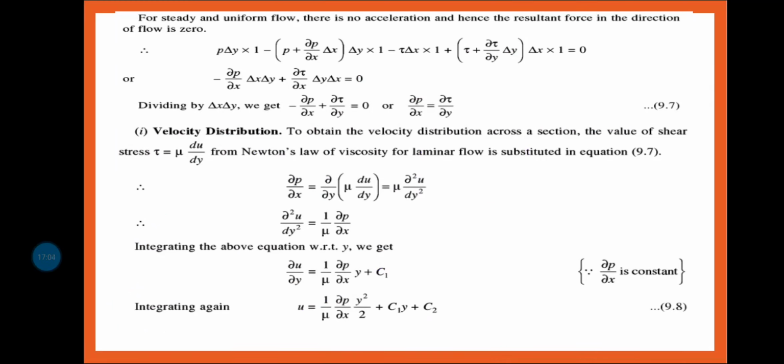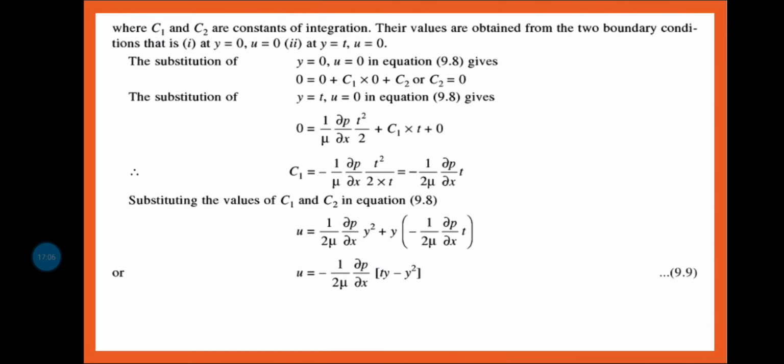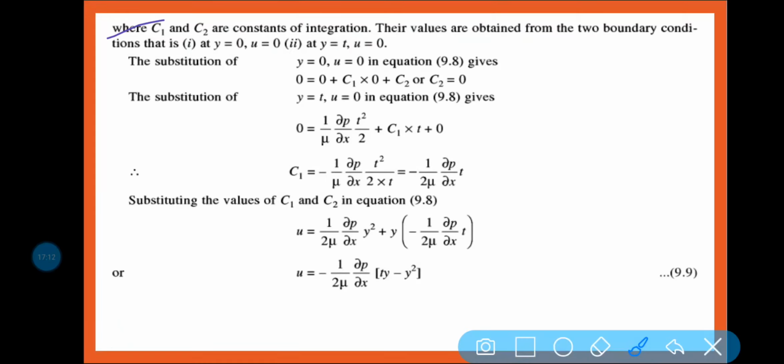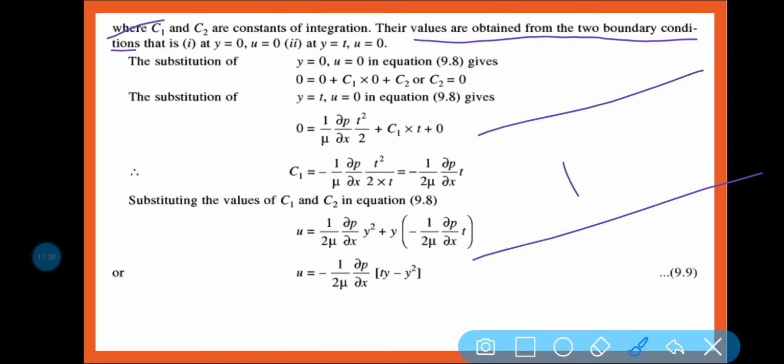C1 and c2 are the integrating constants. The values are obtained from the two boundary conditions. From the boundary condition I can put the value.